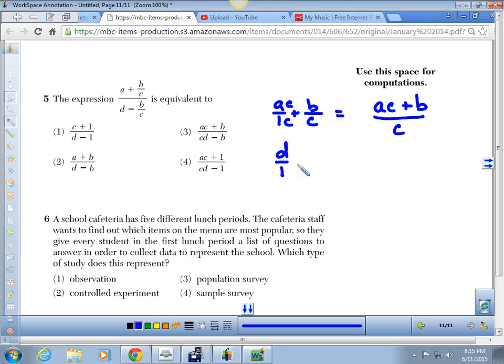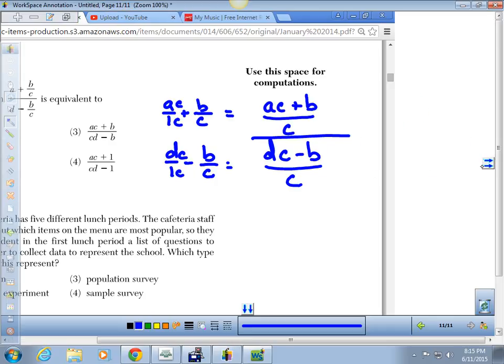D over 1 minus B over C. Why can't I subtract them? Same thing. What is that common denominator again? So DC over C. What do I get when I subtract these then? DC minus B over C. Do I now have one fraction over one fraction?